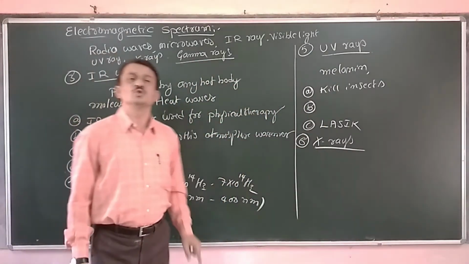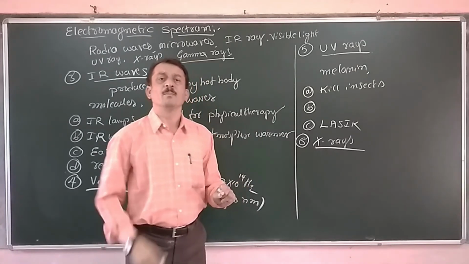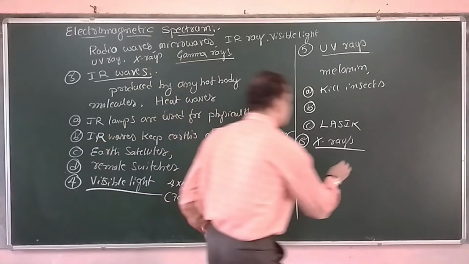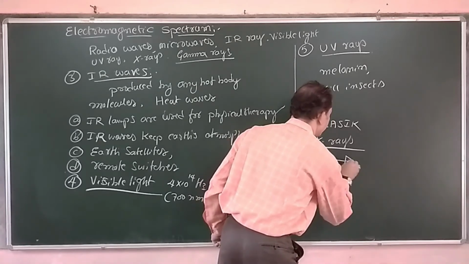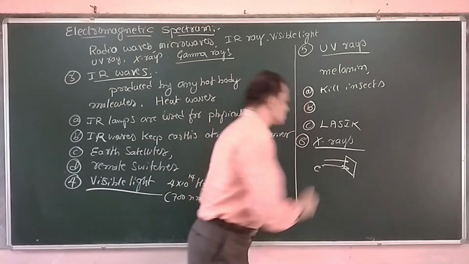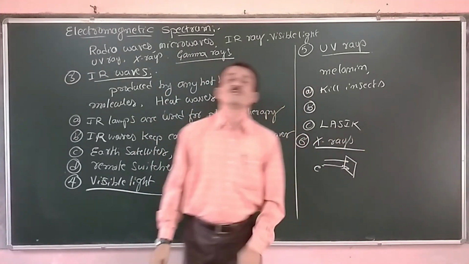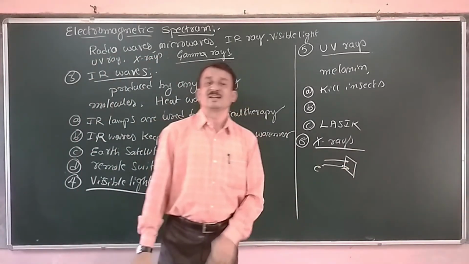Now, how are they produced? They are produced by bombarding a metal with electrons. If we have a material, it is bombarded by electrons. The secondary electrons are emitted from that material, and those secondary electrons are called X-rays.